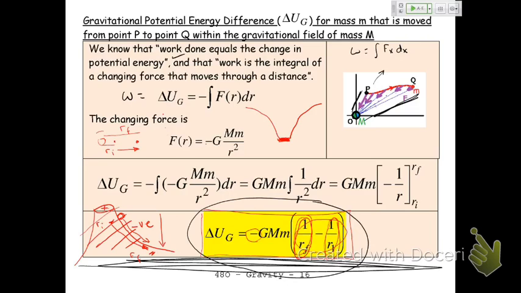Now, when I think about it, my R initial is here, a long way away, and my R final is there, nearby. Let's have a look. Oh, sorry, I got that backwards. My R final is a long way away, and my R initial is nearby. My U final is a higher position, and my U initial is a lower position.